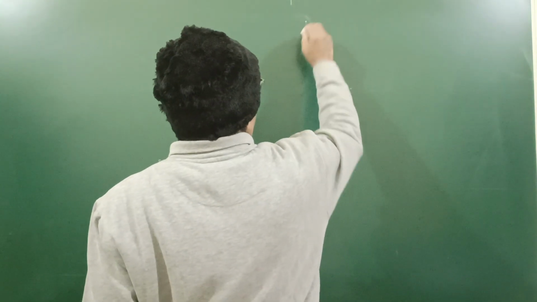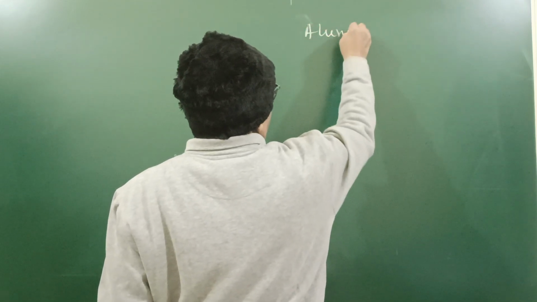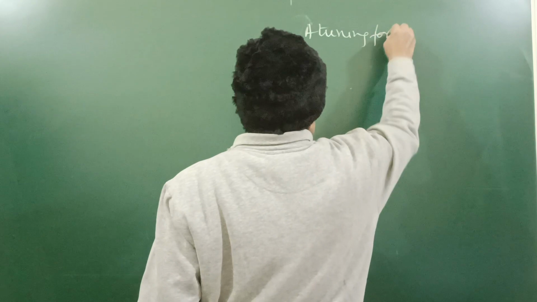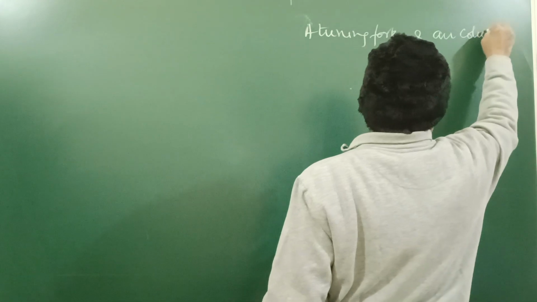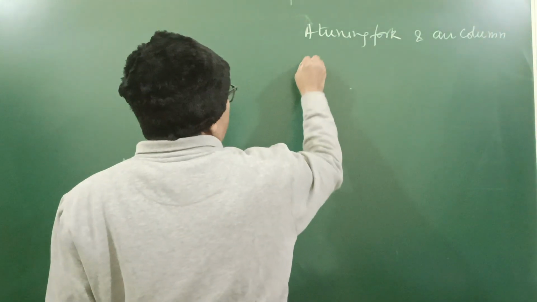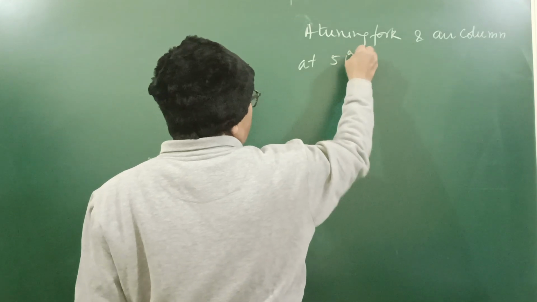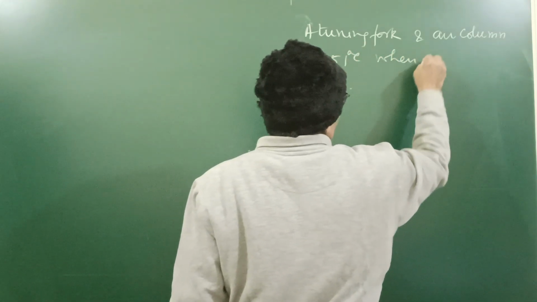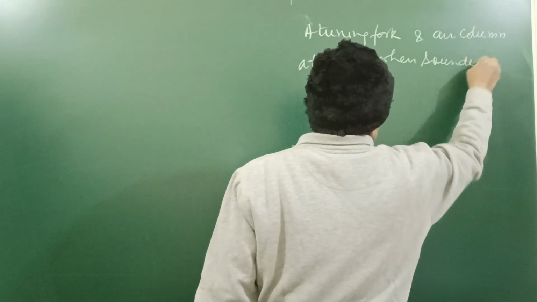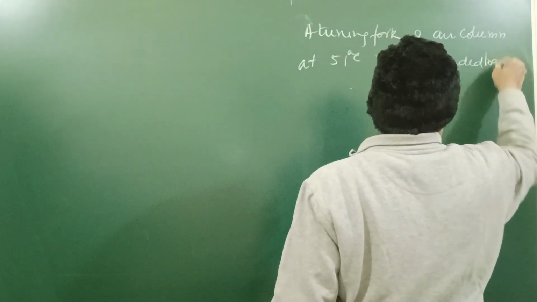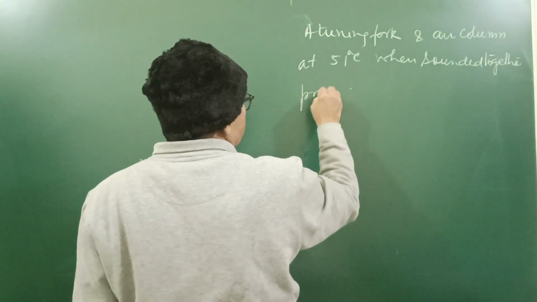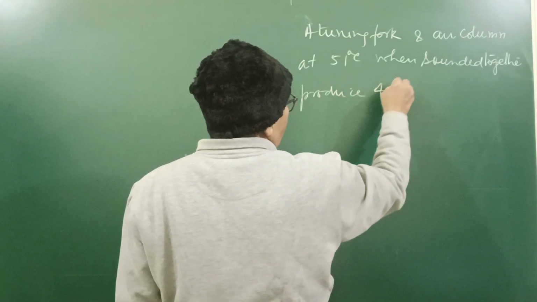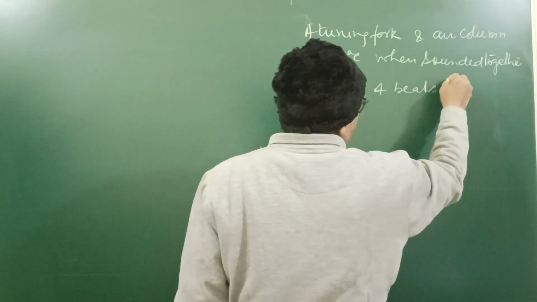So here there is a question: a tuning fork and an air column at 51 degrees centigrade, when sounded together, produce 4 beats per second.